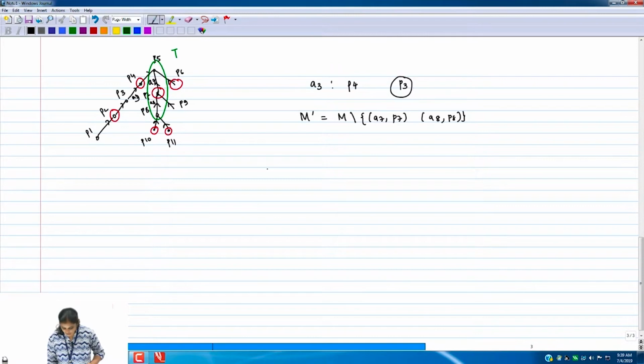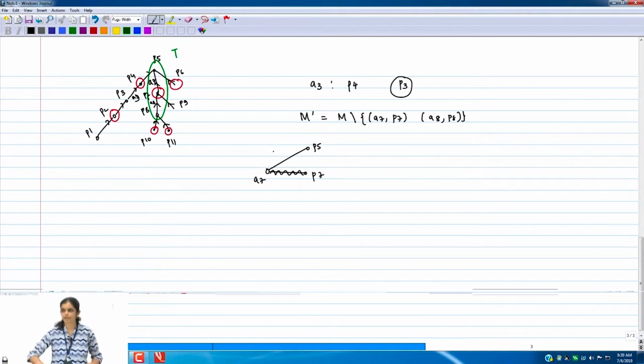So why did we draw this edge A7? This is its other partner, which is P5. Is it possible to match it to P5? It is a valid match because it is in the list of A7, and possibly it is also free currently. Because P5 is a sink vertex, therefore it is a free vertex. Therefore I can match A7 to P5. So if I remove these two edges, then I can add A7 P5.